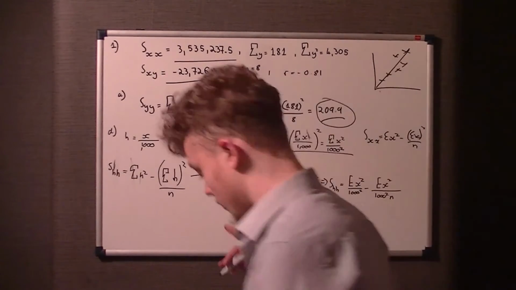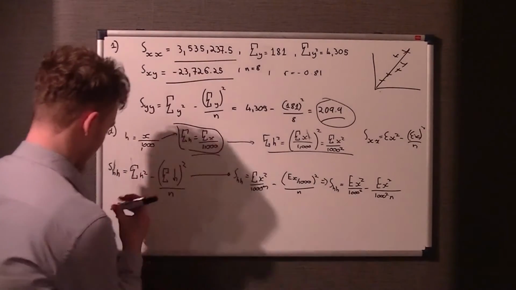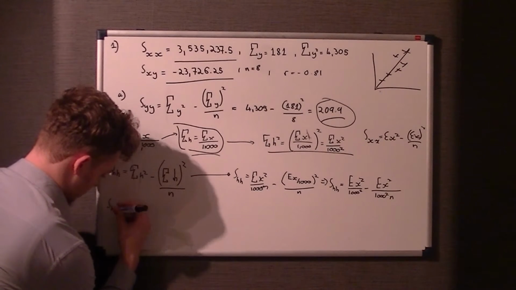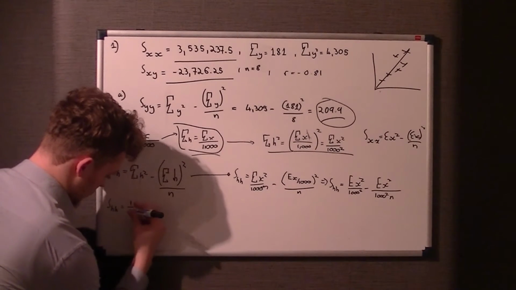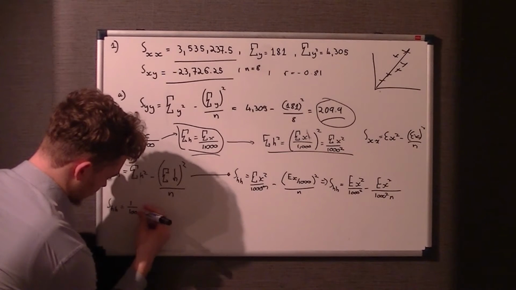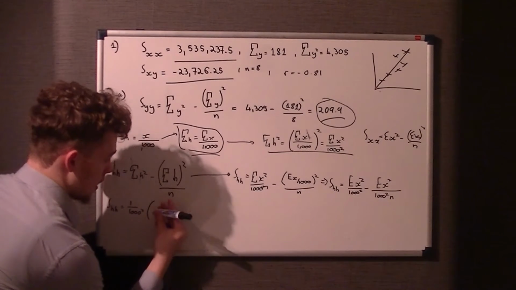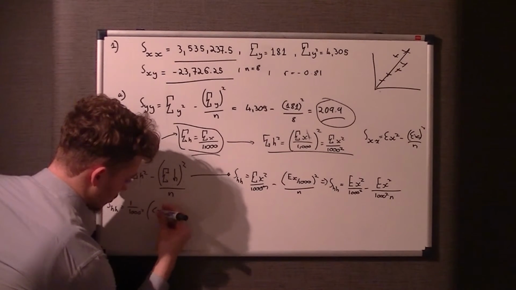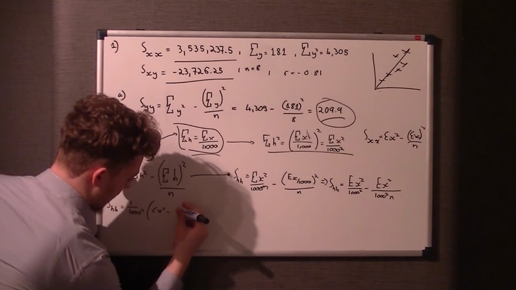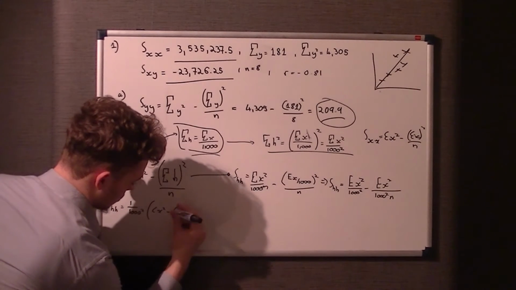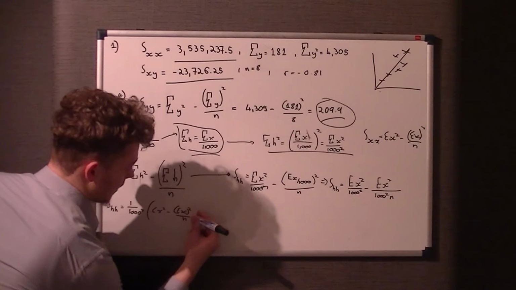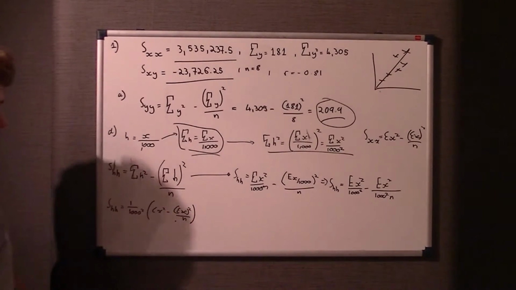Now, what we can do is take 1,000 squared out as a common factor. So SHH is equal to 1 over 1,000 squared times the sum of x squared take the sum of x all squared over n. And we know that is equal to SXX.